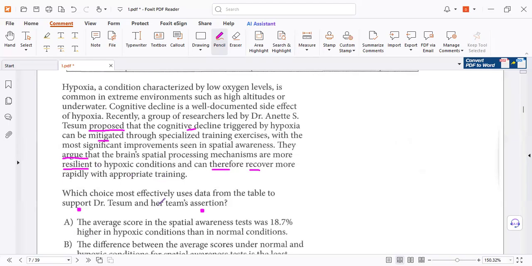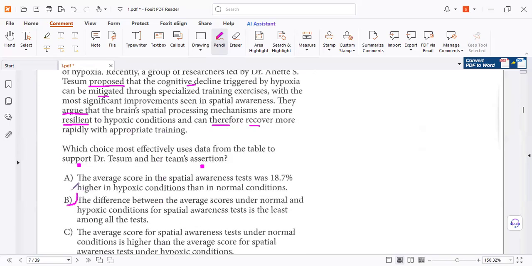We need something to support it. Look for letter B. The difference between the average scores, the difference, not the average score, under normal and hypoxic conditions for spatial is the least among all the tests.